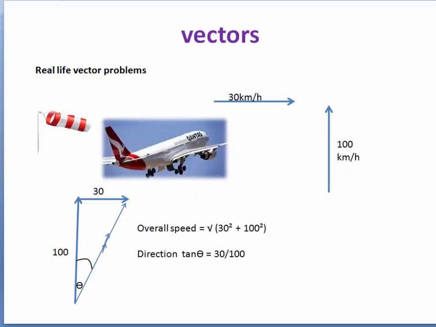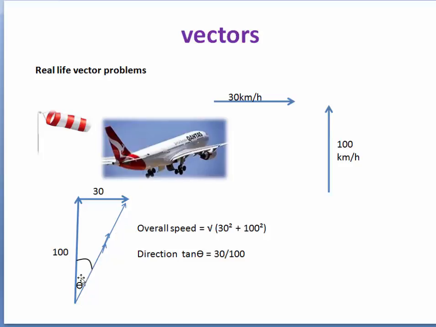Sometimes we can be given real life vector problems. Sometimes we're given, this is like an airport, the wind is blowing in this direction at a rate of 30 kilometers per hour. And this airplane, this Qantas airplane, is trying to land. It's going in a straight line, but the wind is blowing it from this side, from left to right, at a rate of 30 kilometers per hour. So it's going to be shifted.